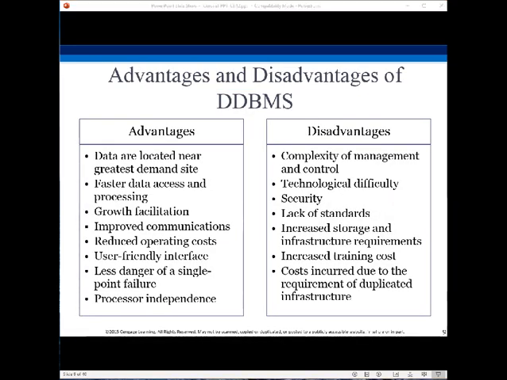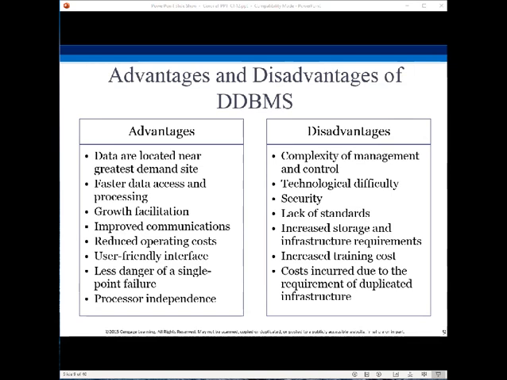And here's some advantages and disadvantages of distributed databases. Obviously, they're going to be more complex. They're more technologically sophisticated. That's a disadvantage. Security, you're going to be concerned about what's going across the wires.